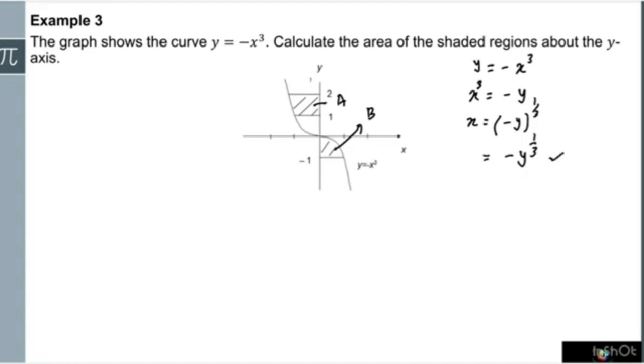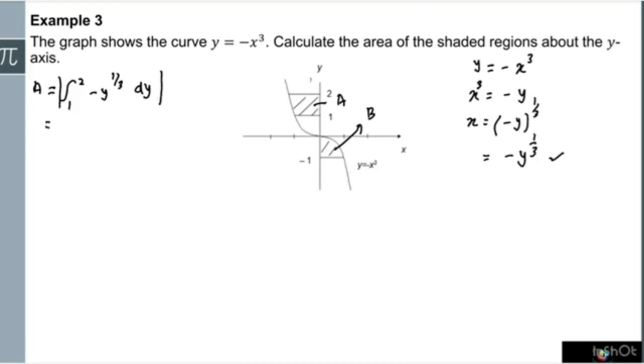For area A, the integration is from 1 to 2, and the function is (negative y) to the power of 1 over 3 dy, right? So we integrate this one carefully and don't forget the modulus.